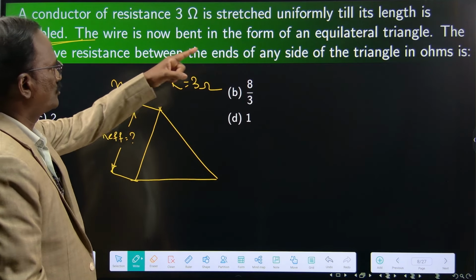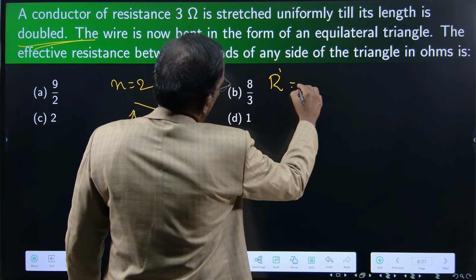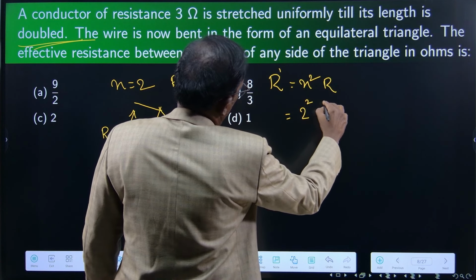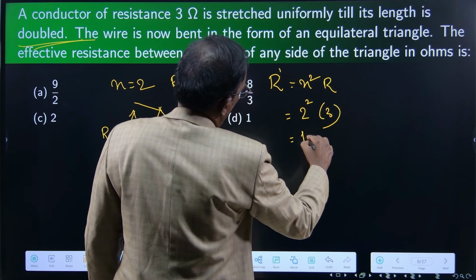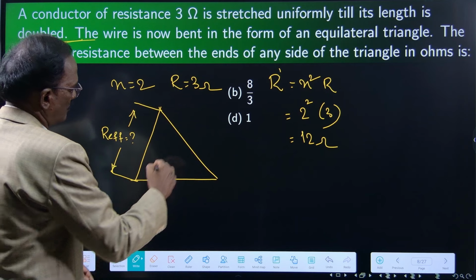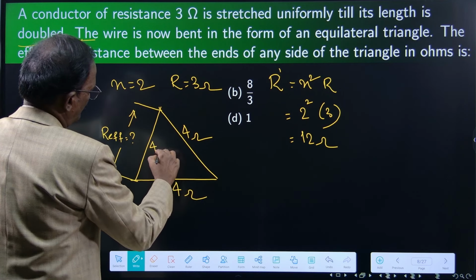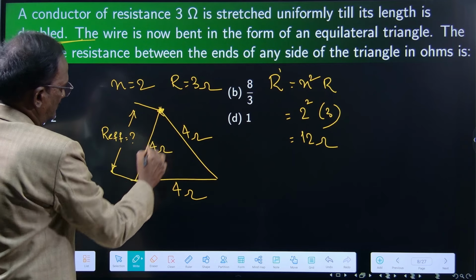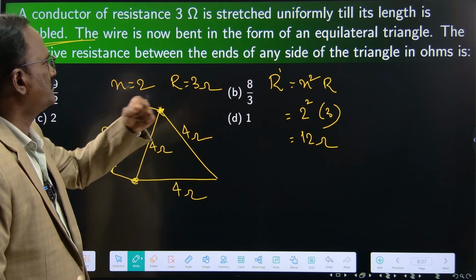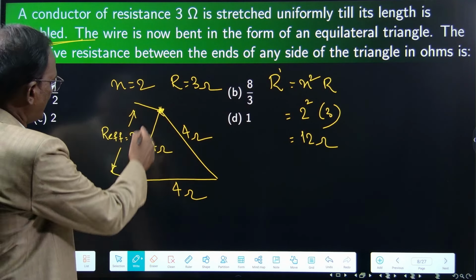So n is equal to 2, the length is doubled. So the new value is R dash is equal to n square into 3, 2 square into 3, 12 ohms. 12 ohm is cut into 3 pieces, 4 ohms, 4 ohms, 4 ohms. Then the effective resistance between the ends of any side of the triangle, right?